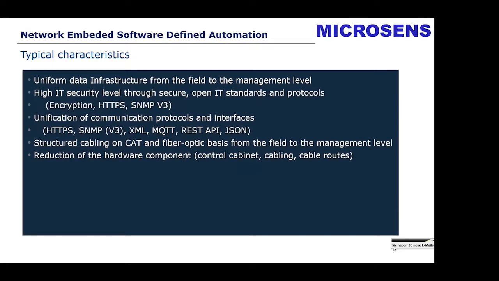This means a reduction of hardware, and also a reduction of planning time for the complete automation part. And this also means a big saving of money for the conventional hardware tasks.